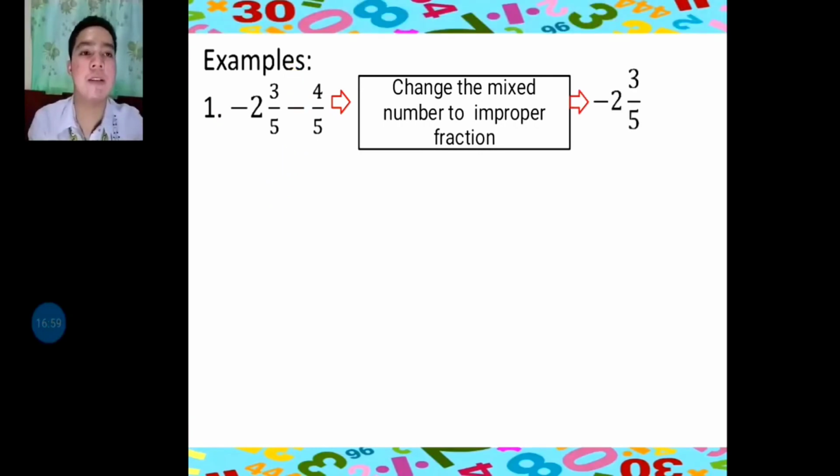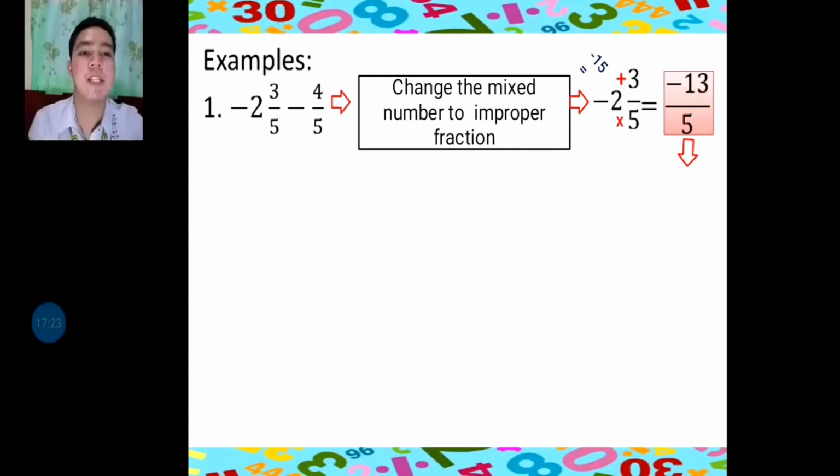So we will change that to improper: multiply the denominator by the whole number, then add the numerator. So 5 times 2, that is 10, plus 3 is 13. So it should be negative 13 over 5. That will be our improper fraction.